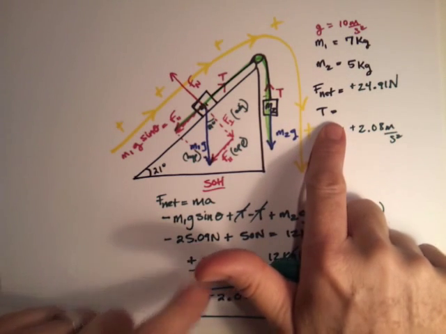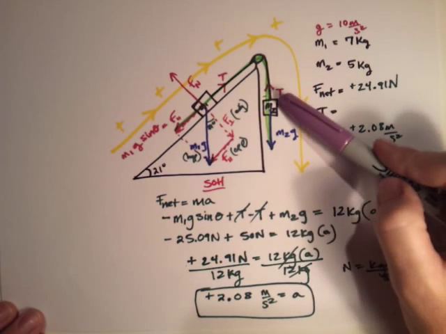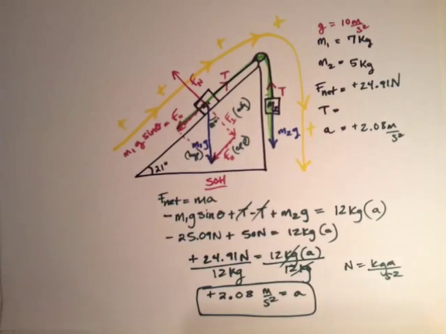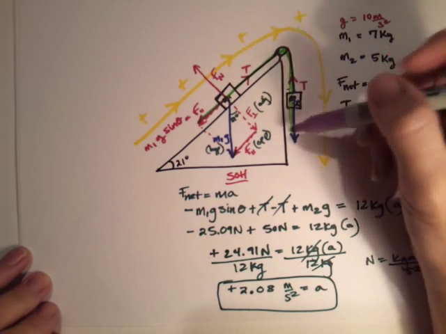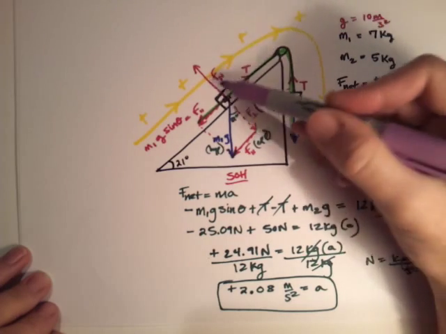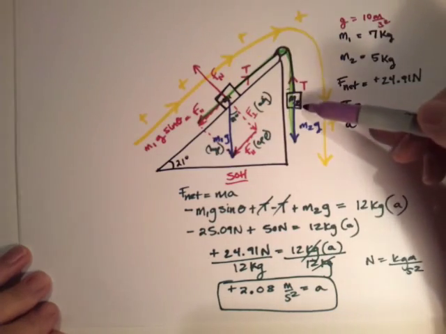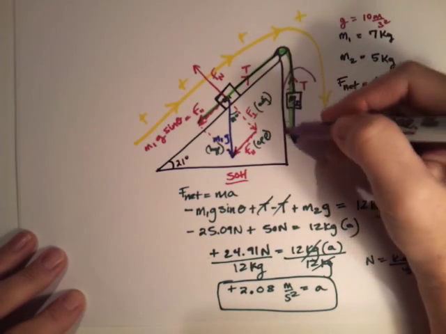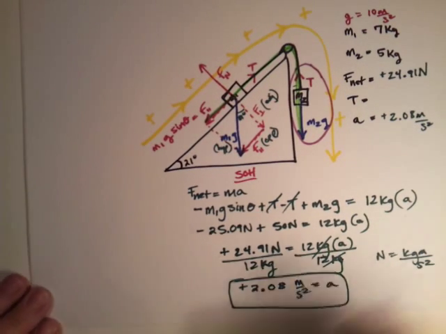Now we're going to look at tension. And for tension, we really just need to focus on one of the boxes, since the tension here should be equal to the tension here. So it really doesn't matter which box you use. I'm going to go with this one because I only have two forces to deal with instead of this one, this one, this one, although these are going to cancel out. I don't have to do sine anymore if I choose this one, so I'm just going to choose this one to find tension.